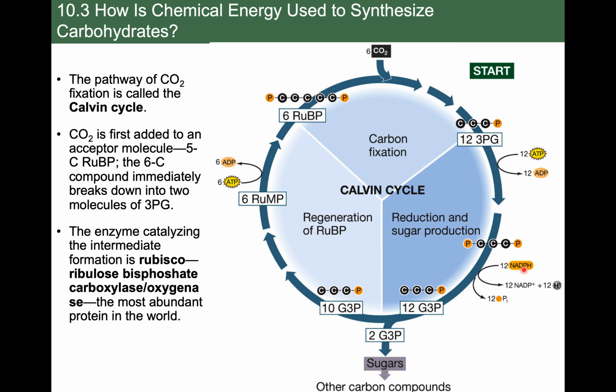So no problem. The other thing I wanted to point out is even though we have a lot of these 3-carbon sugars in the Calvin cycle, we've got 12 of these G3Ps here, we're only going to pull 2 of them out for every turn of the cycle. So we're going to leave the other 10 in there and use those, as I was saying, to help regenerate our starting material.